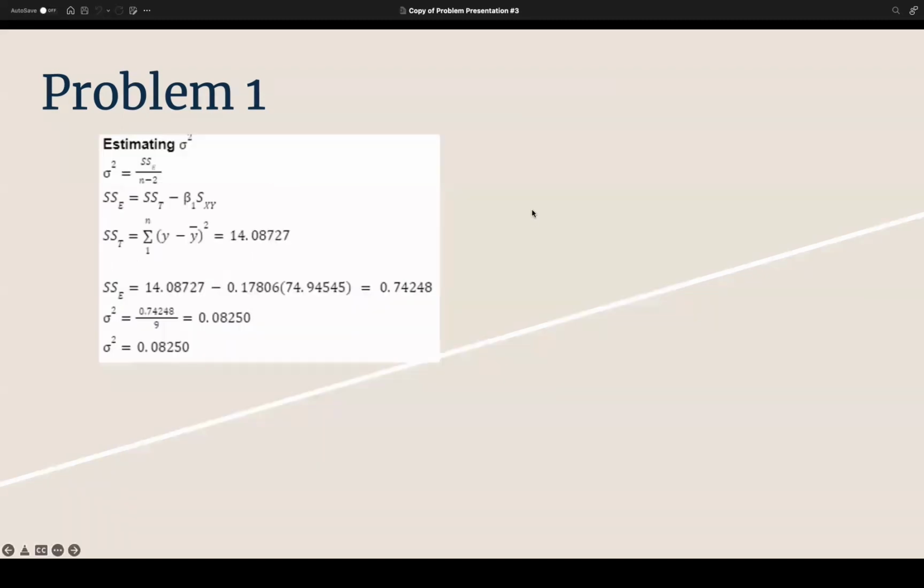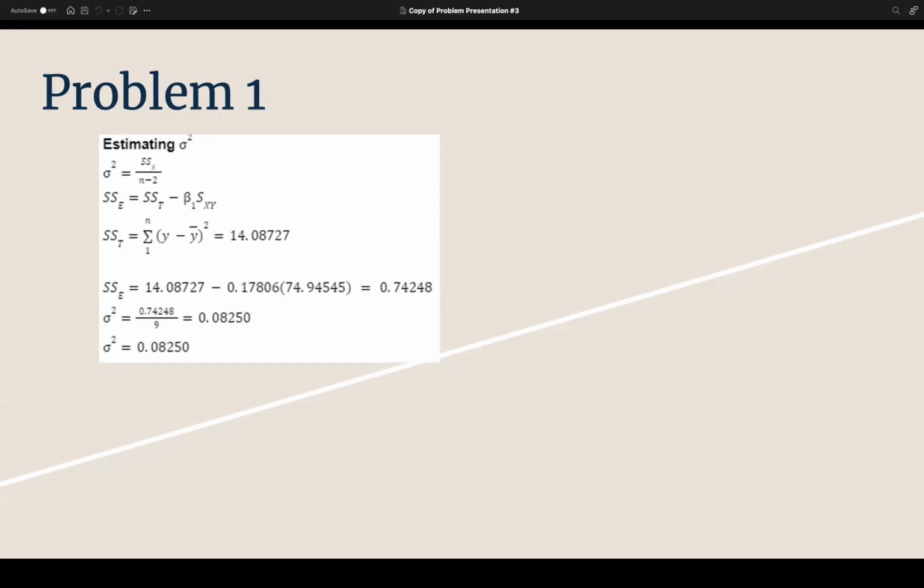0.17806x. Now in getting the variance, we use the equation sum of squares error over n minus 2. Since SSE is still unknown, we get SSE from SST minus beta 1 Sxy. And SST would be taken from the summation of y minus the mean of y squared, which equates to around 14.08.